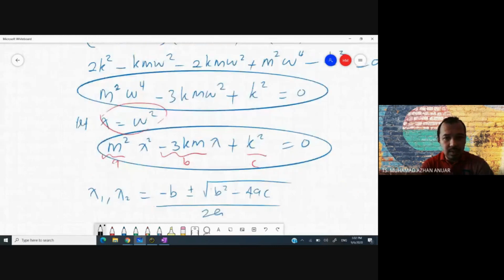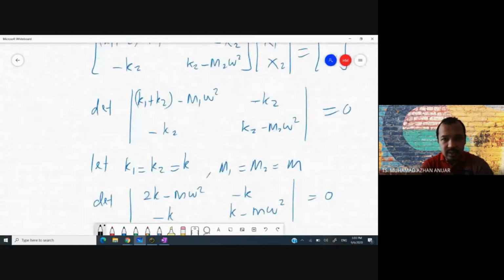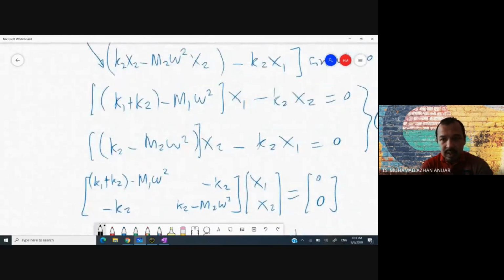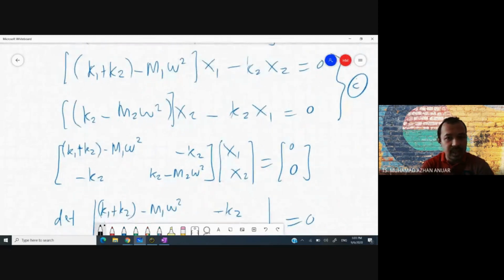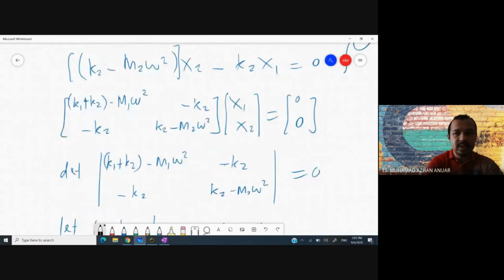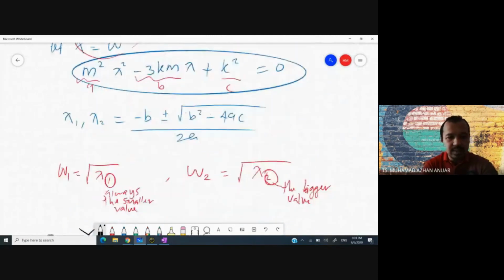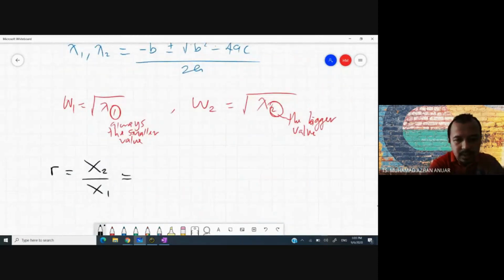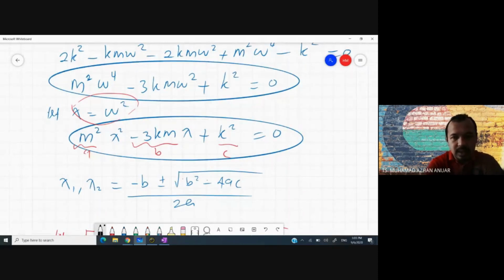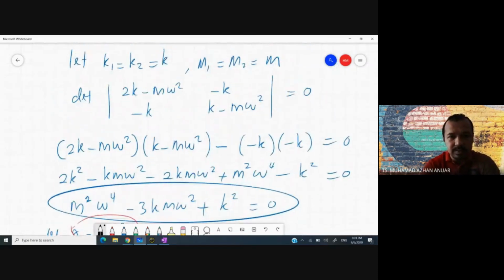If you look at the equation I wrote, equation C, from equation C we have the expression of x1 and x2. Let's rearrange it, from the first equation, from equation C.